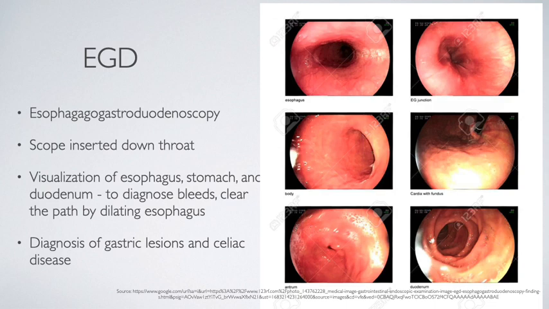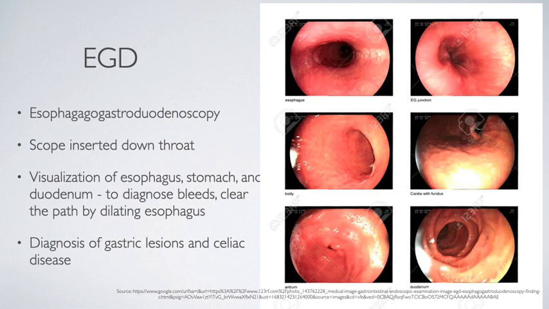I've seen it done at bedside. I've seen it done in a specific area of the hospital where they're meant to do this endoscopy. But for the most part, the patient is under light sedation, they're kept in bed, and this is done to diagnose massive bleeding, to remove polyps or clear the pathway of lesions.